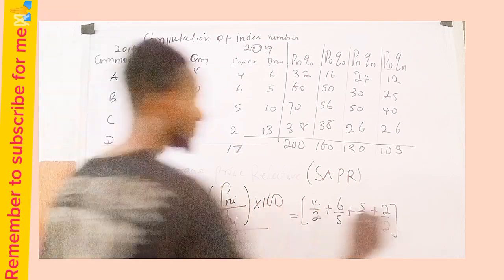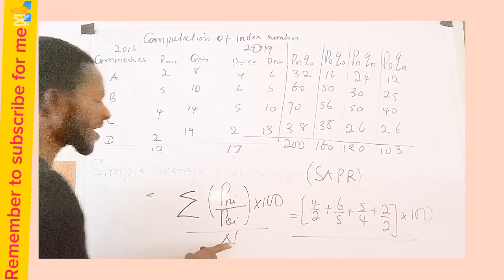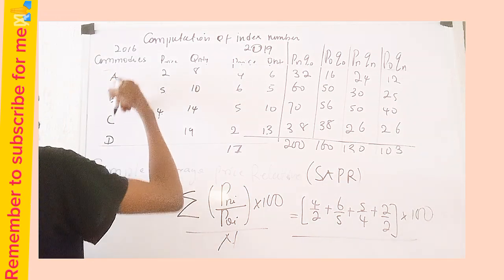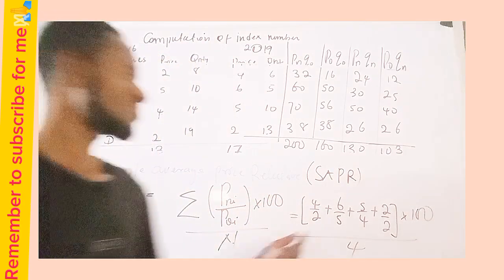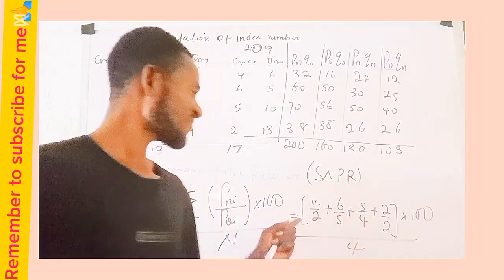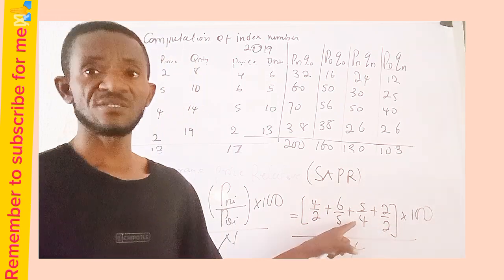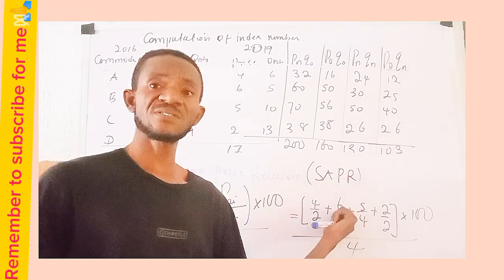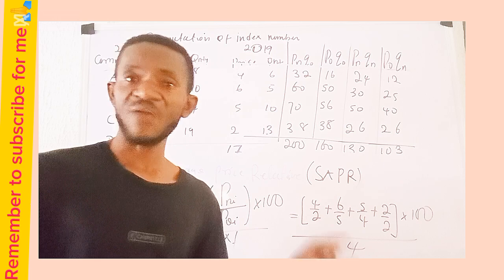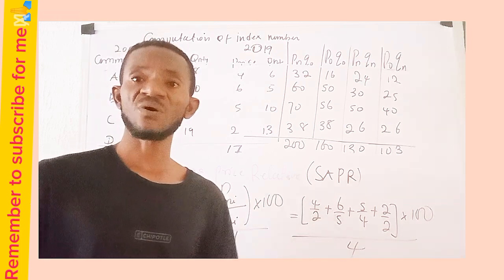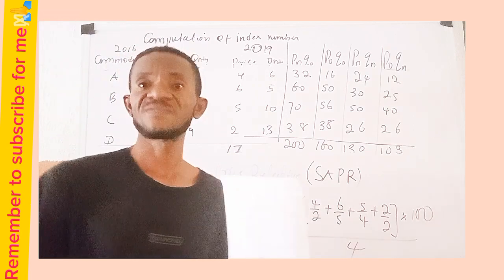You multiply by 100, all over the total number of commodities, which are 4. It is just for you now to evaluate this by looking for the LCM of 2, 5, 4, and 2, which is 20. Use it to simplify the numerator, multiply by 100 and divide by 4. Whatever value you get is what we call the simple average price relatives.